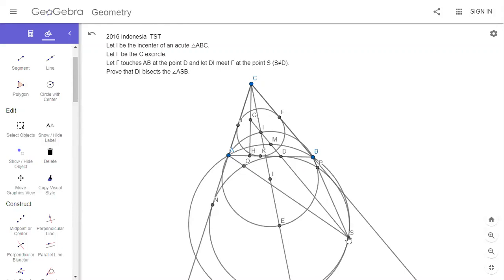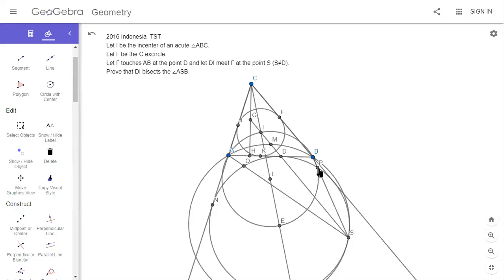Because if you take the X circle and you scale it about point S, then you get the circumcircle of SAB. So if you take the segment OP and you scale it about point S, you get AB. And so OP has to be parallel to AB.